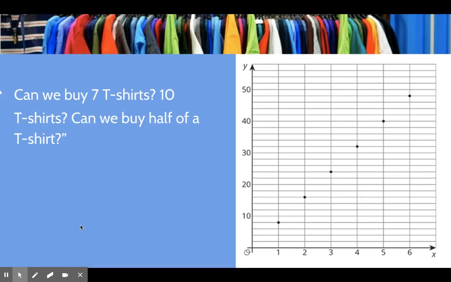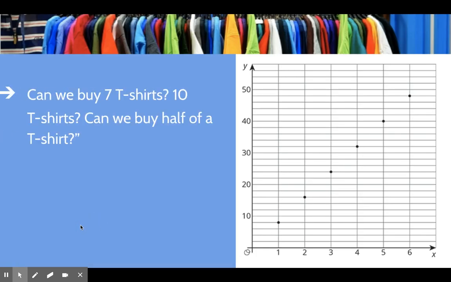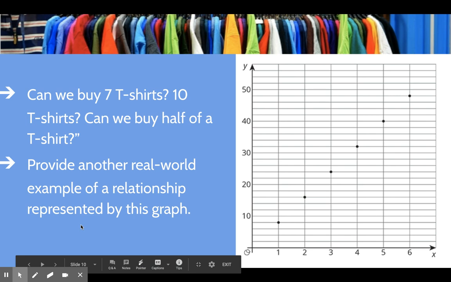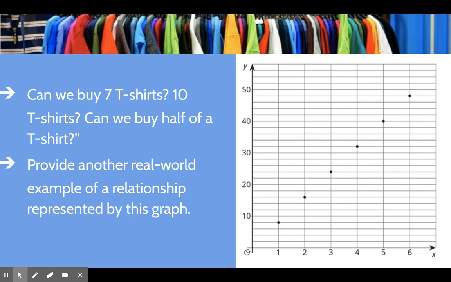So once again, the questions on the student companion said, can we buy 7 shirts, 10 shirts? Can we buy a half of a t-shirt? And then we also need to provide another real world example for the graph. If we were to buy 0 shirts, then our graph will have the point (0, 0), which is the origin, right?